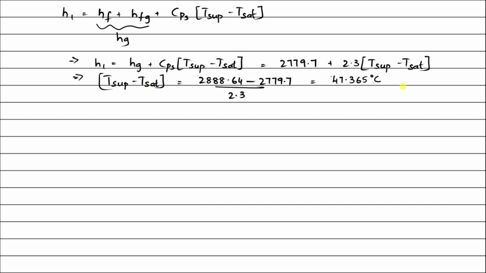Since it is a temperature difference, it does not matter whether I mention degrees Celsius or Kelvin, but since the question asks in degrees Celsius, we keep the same unit. So this T sup minus T sat, as I told you at the start of the question, is my degree of superheat.